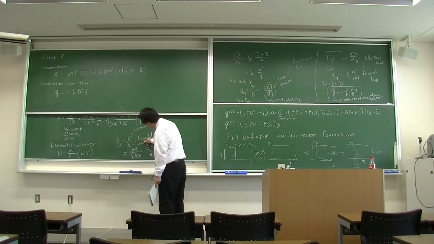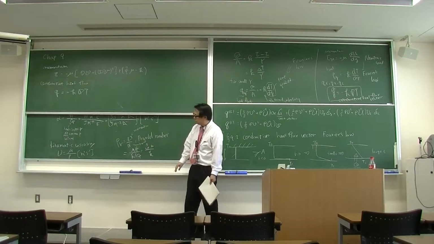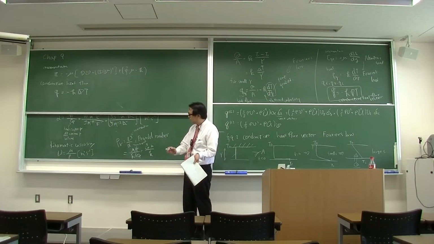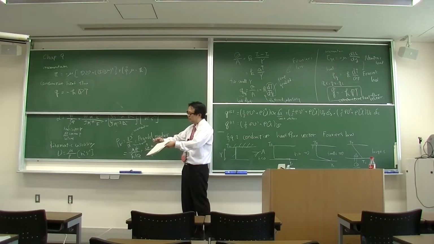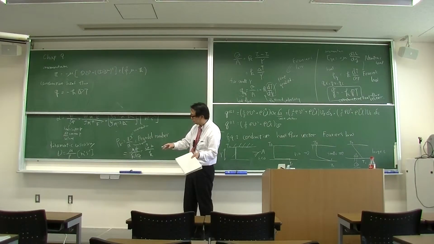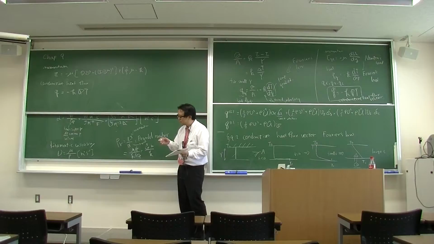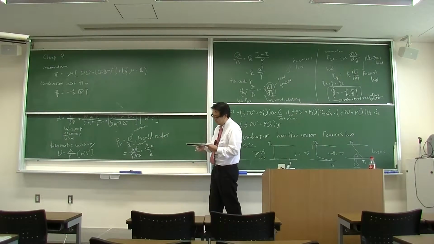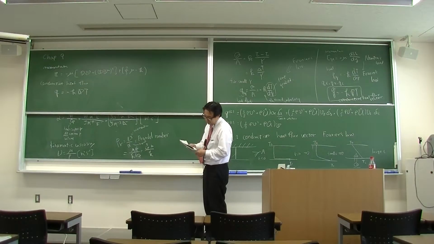This is heat. So when we have a large Prandtl number, the momentum transfer is large. However, if we have a small Prandtl number, the heat transfer is relatively large.